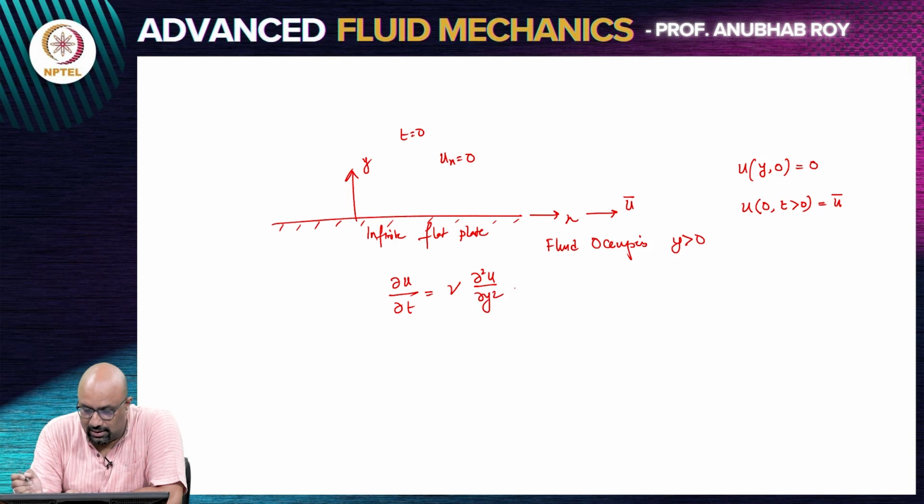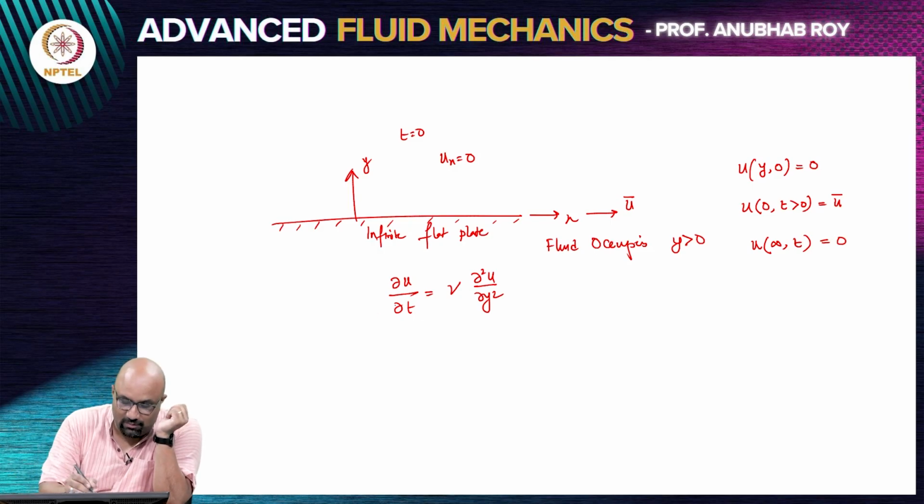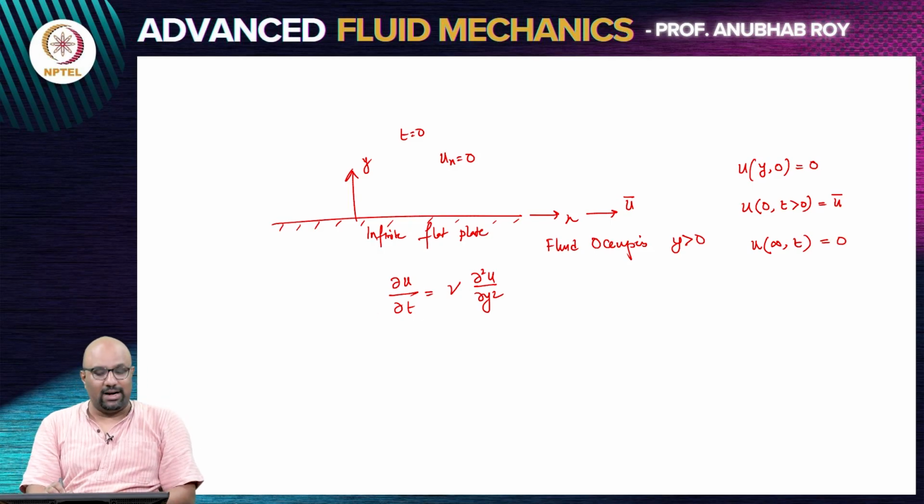Now, the boundary condition is that for any finite time, if you are infinitely far away from the plate, the fluid velocity should go to 0. So, we have two boundary conditions, we have one initial condition, and now we need to actually solve this problem, which is evolving in time with variations in space.